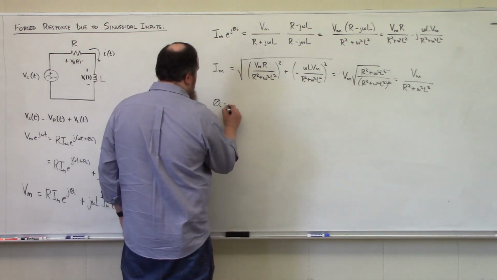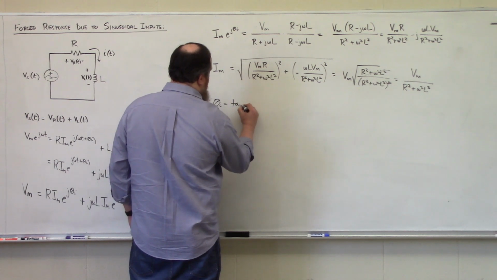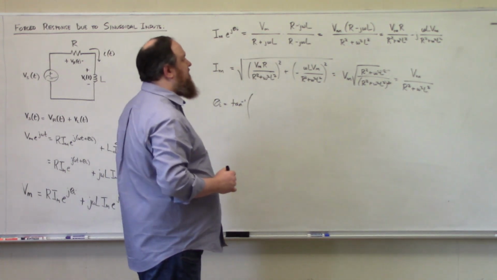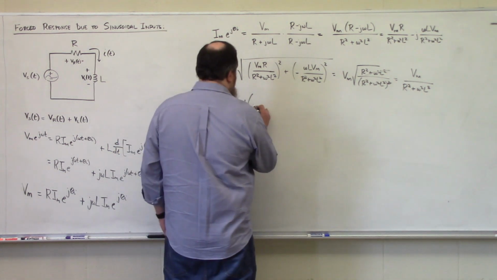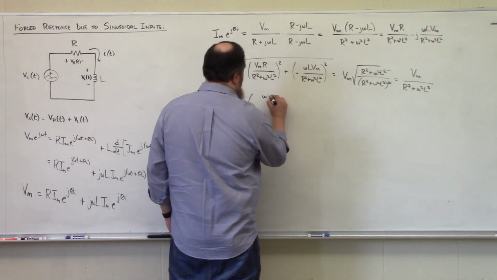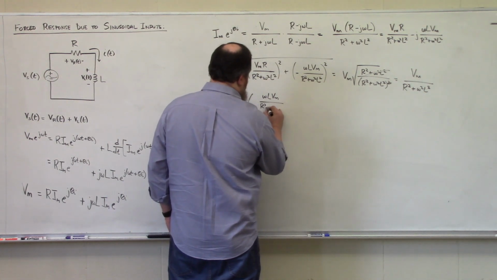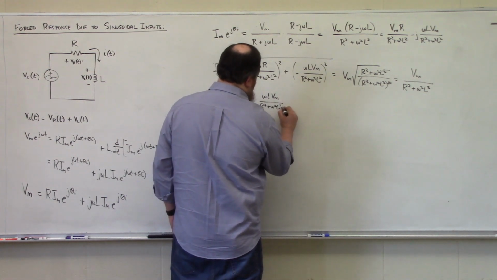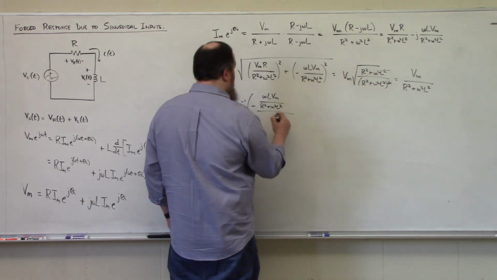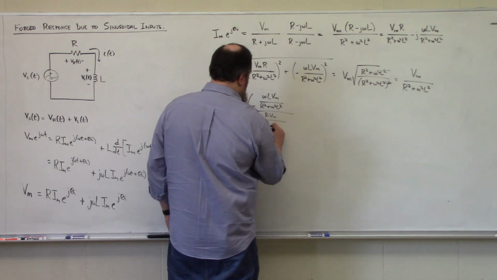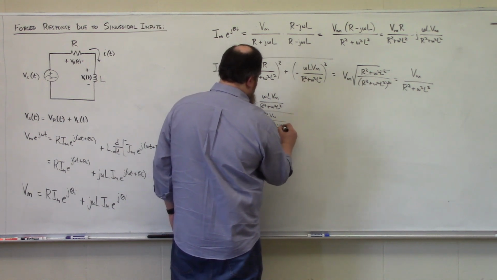Theta I will be, by definition, the arctangent of the imaginary portion divided by the real portion. So that is negative omega L Vm divided by R squared plus omega squared L squared, divided by R times Vm over R squared plus omega squared L squared.